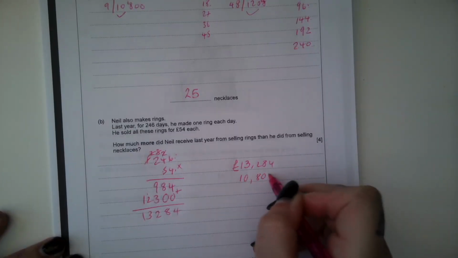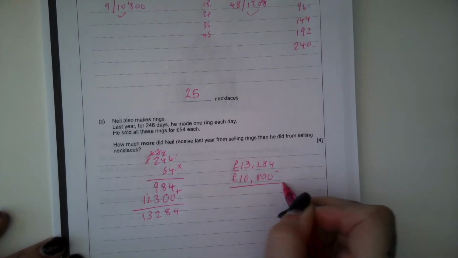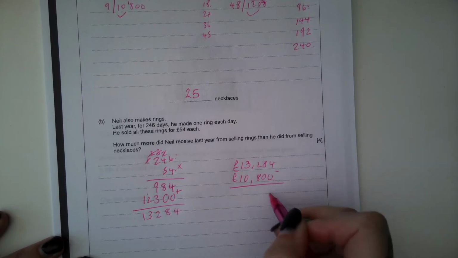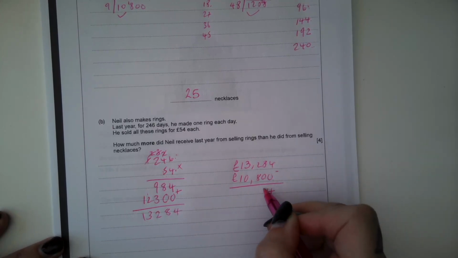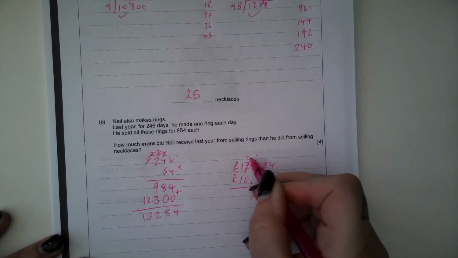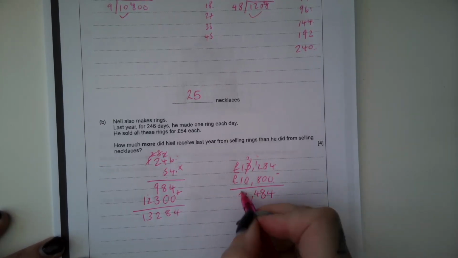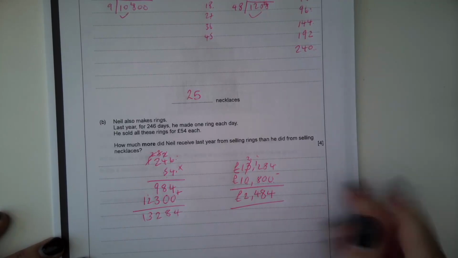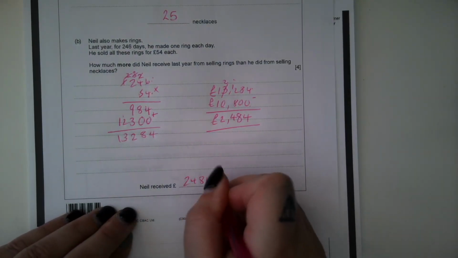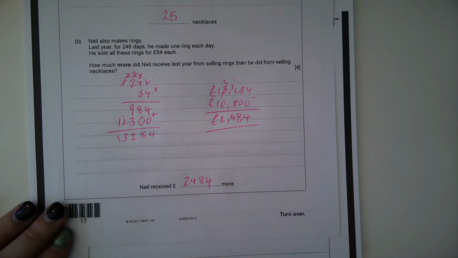So we're going to take 10,800 away and see how much more he made from selling rings. So 4 take away 0, 8 take away 0, 12 take away 8, 2 take away 0. So he made £2,484 more from rings than he did necklaces.